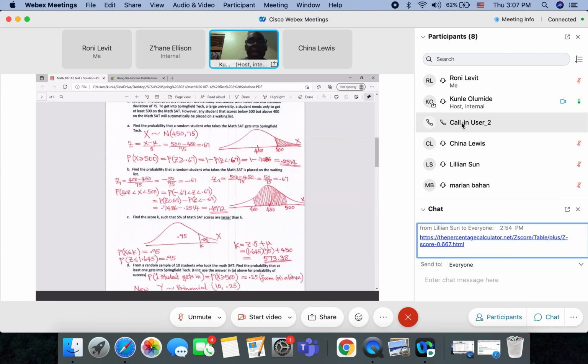So what is the probability of success? It was calculated in A, and it turns out to be either 0.2525 or 0.2514, which I rounded to 0.25.